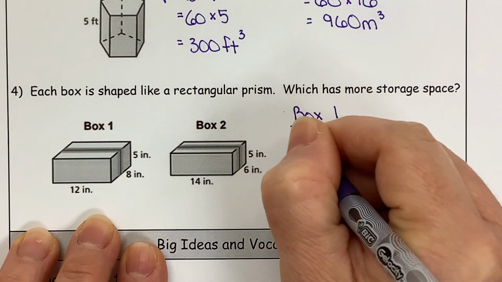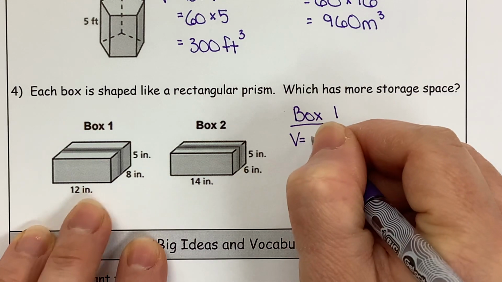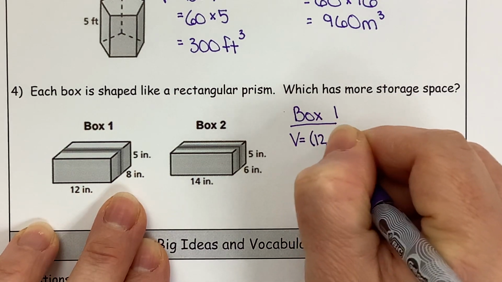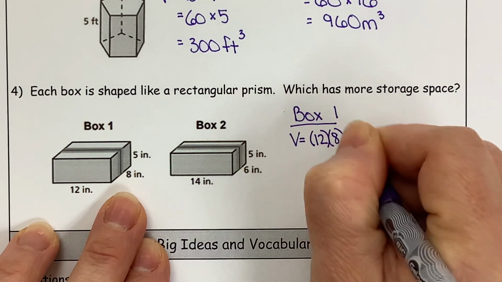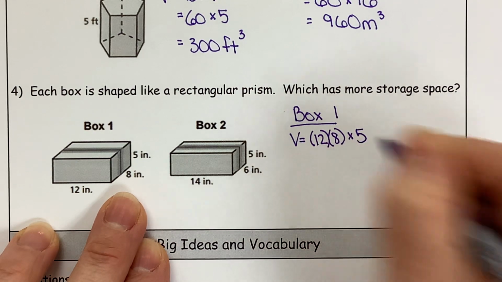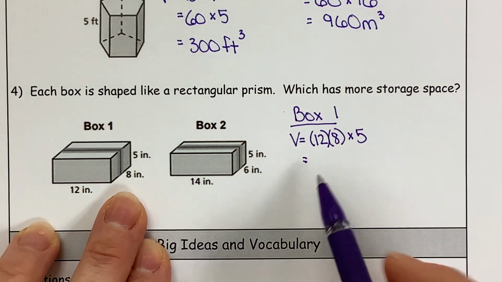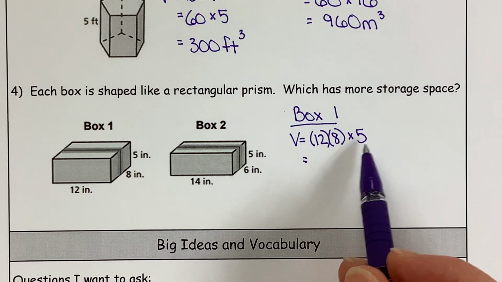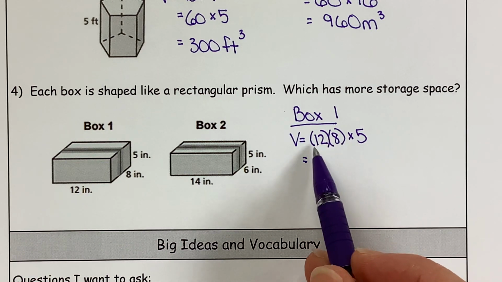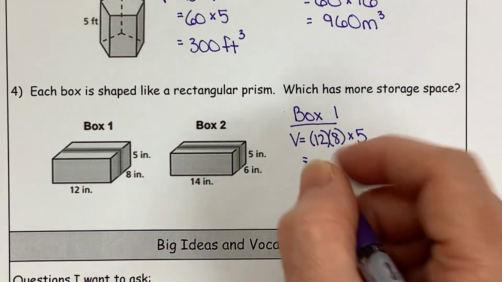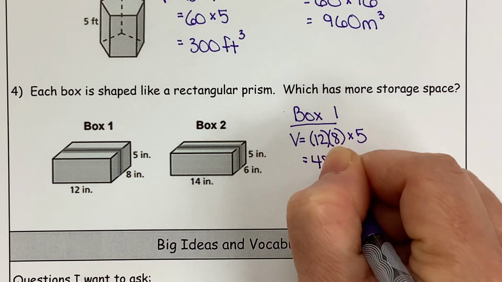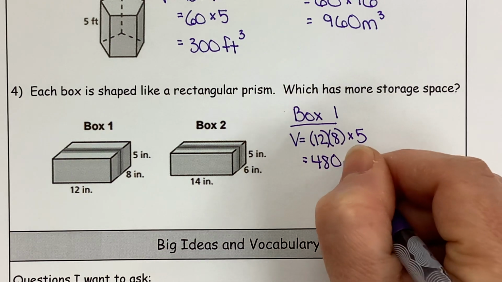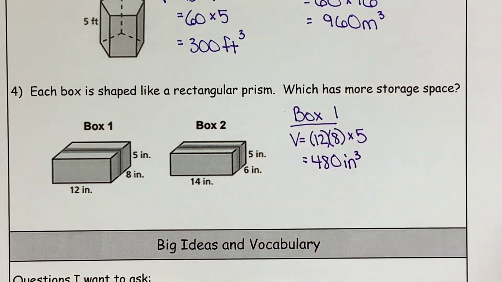So volume equals the 12 times 8, that would be your base, times that height, which is 5. And then we're just going to multiply all these numbers together. So I know 8 times 5 is 40, 4 times 12 is 48, and we're going to put a 0 on it. So this is 480 inches cubed.